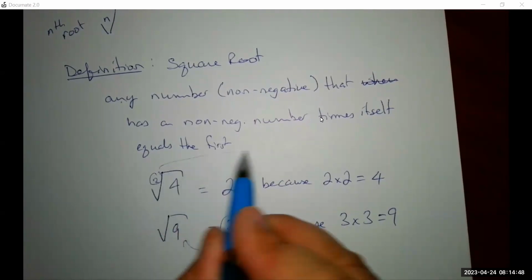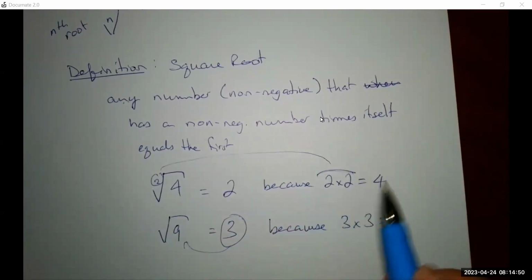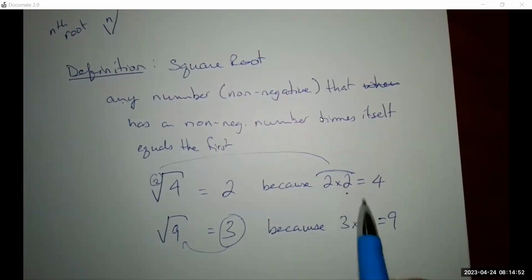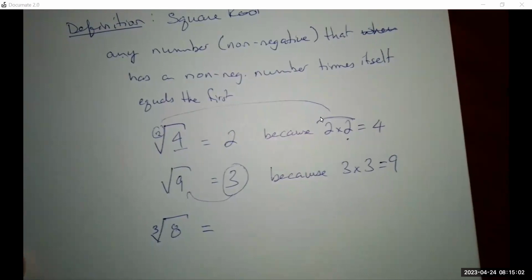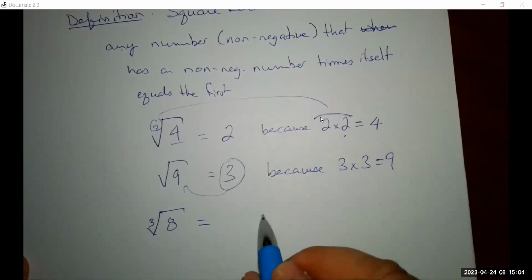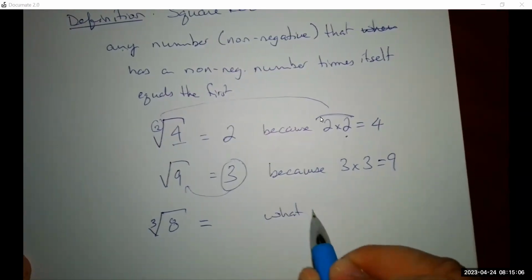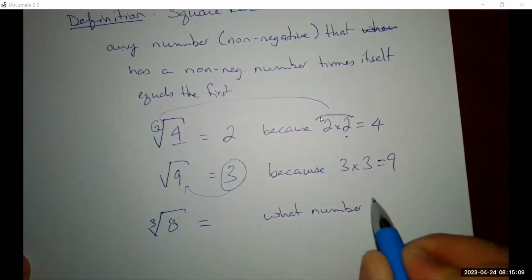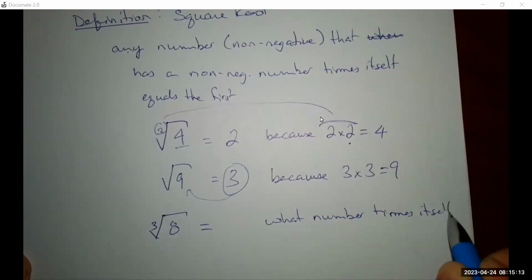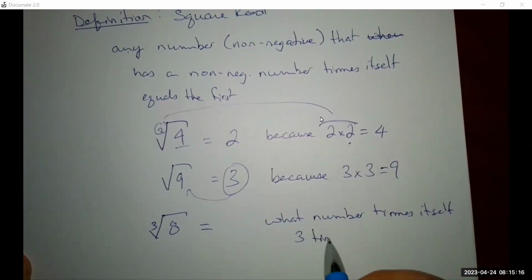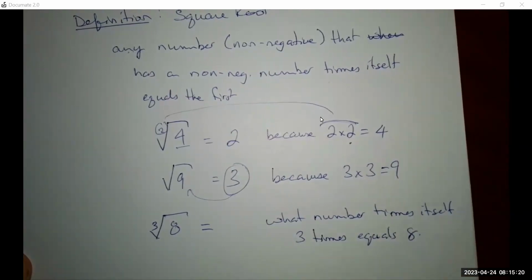This number here tells us how many times a number has to multiply by itself to equal that one. So if I had the cube root of 8, it's saying what number times itself 3 times equals 8.